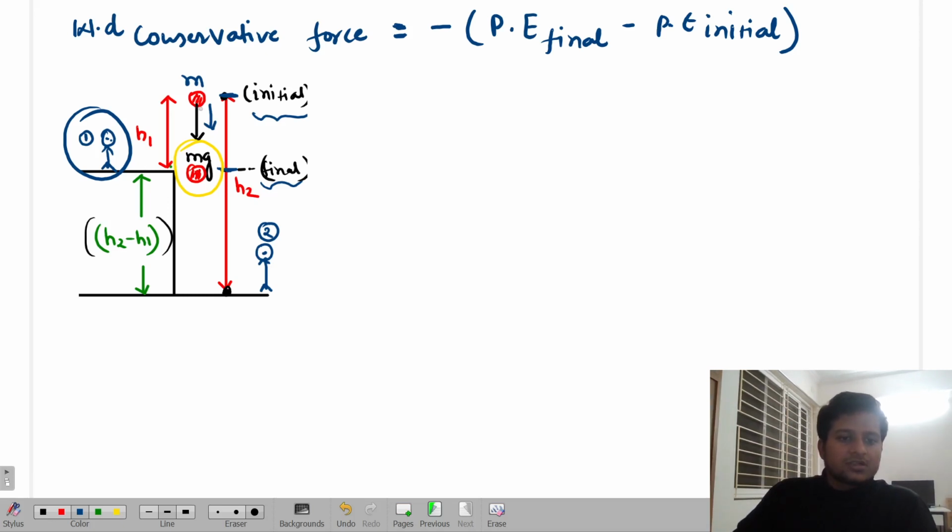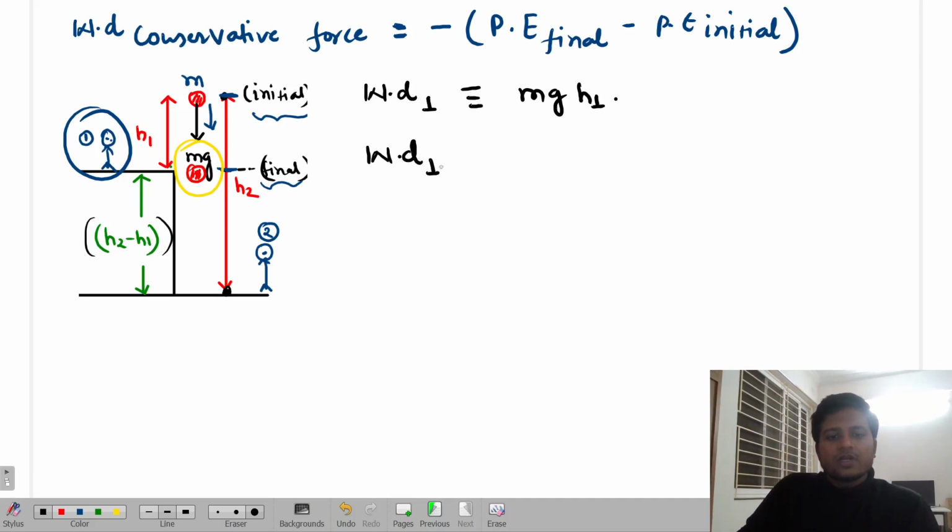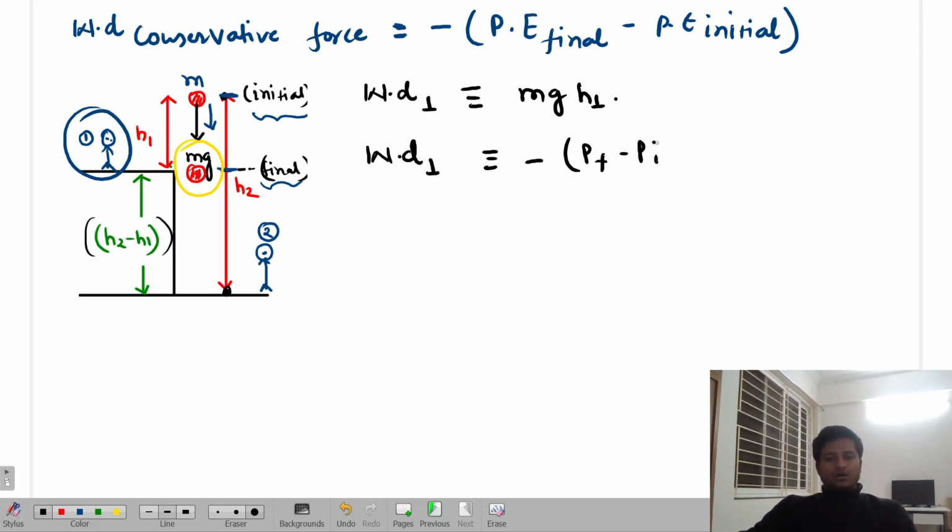So with respect to the first observer, the displacement of the particle is just h1 height or not? So work done with respect to observer 1, basically that is just force into displacement, mg into once again how much height? h1. And if I use the term of potential energy, I know that the work done will be just the negative of the change in potential energy, because once again mg is which kind of force? Conservative force.